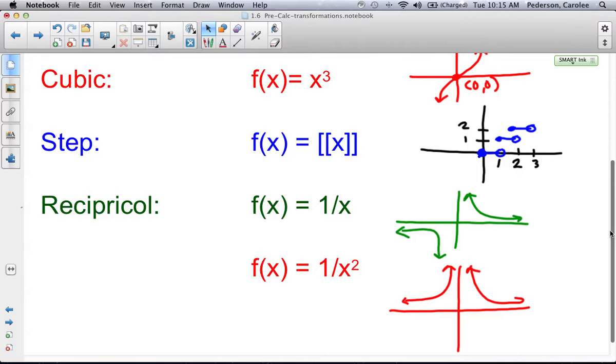There is a new one that I'm going to put on here. They don't really talk about it in the book, this red one. So we have the green, which we talked about yesterday, and then this red one. So f of x equals 1 over x, and then f of x equals 1 over x squared. And I can go in more in detail in the next slide with this last red one.